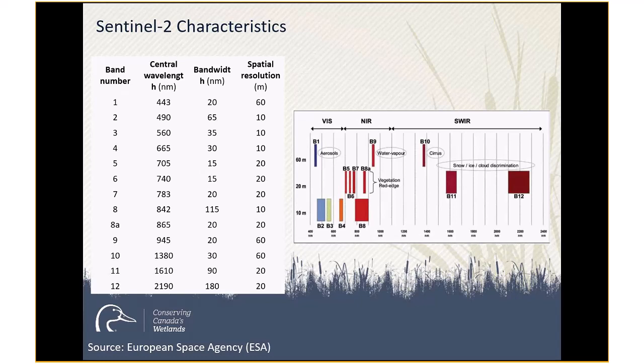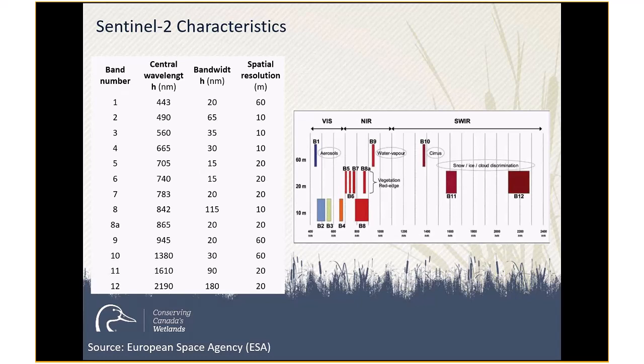The other one we looked at was the ESA's Sentinel-2, which is free. You're sacrificing spatial resolution, where you have a mix of 10, 20, and 60 meter bands, but you're dramatically increasing your spectral resolution. There are 4 visible bands, a number of bands within the near infrared, as well as some SWIR bands.